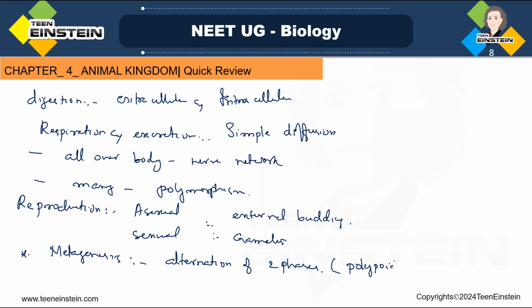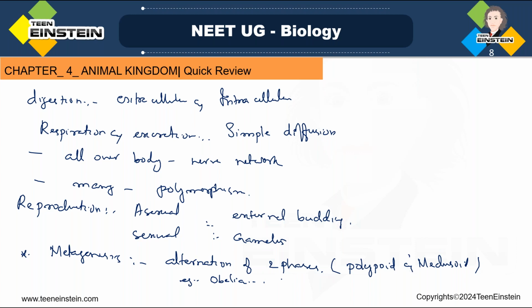Polyp and medusa, we'll say. Like that, two phases you can see. For example, in the life cycle of Obelia, you can see this polyp and medusa form.